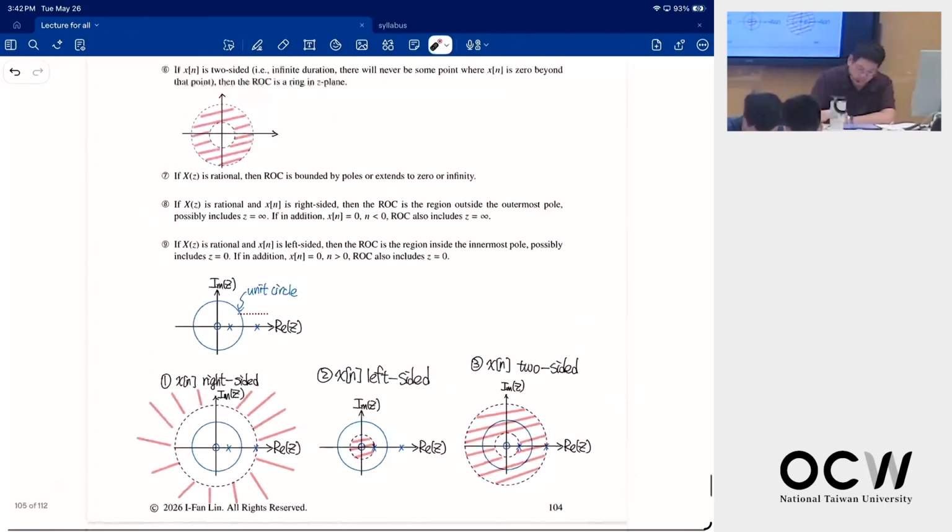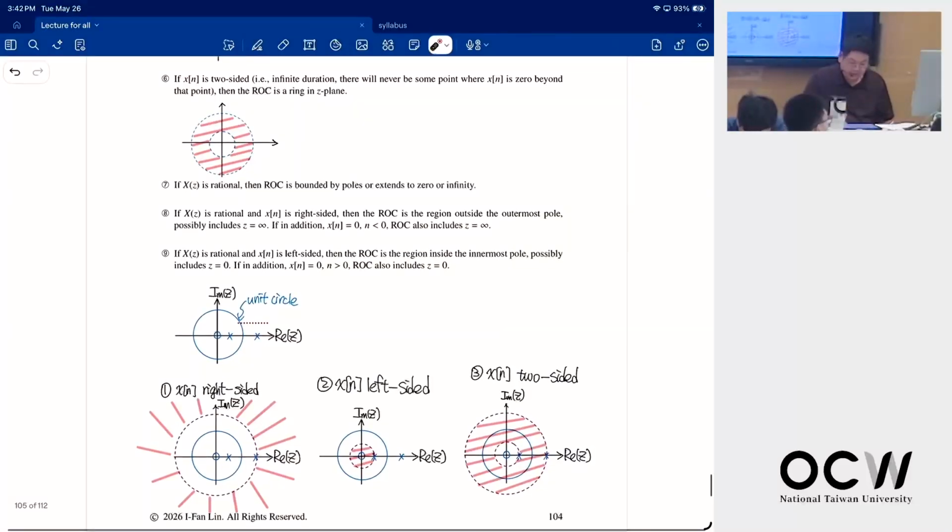Okay, so 3 cases. If x is rational: right-sided, outside; left-sided, inside; two-sided, like a ring.